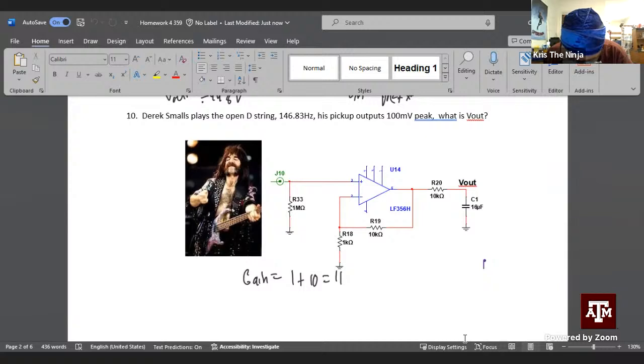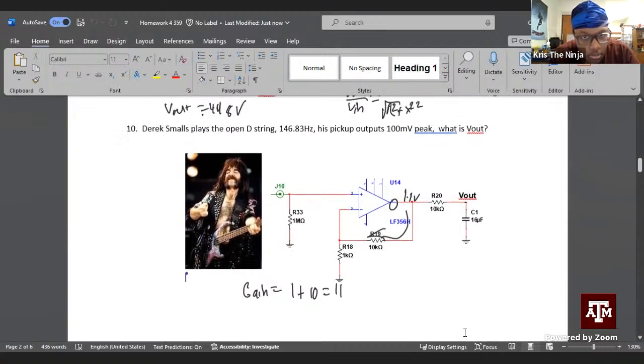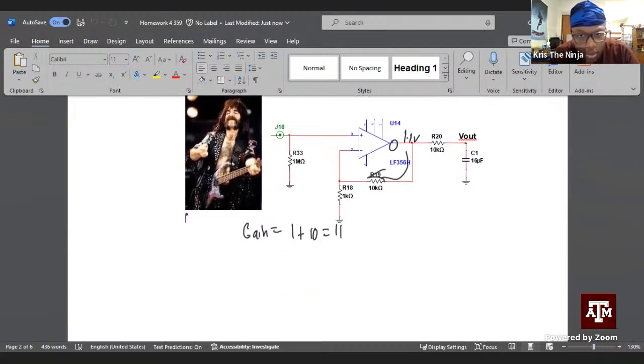That goes through the loop back. So this is all just feedback resistance. This has no effect on it. Well, actually, it does have an effect on it because it's a filter. Is this a high pass or a low pass? Low pass.